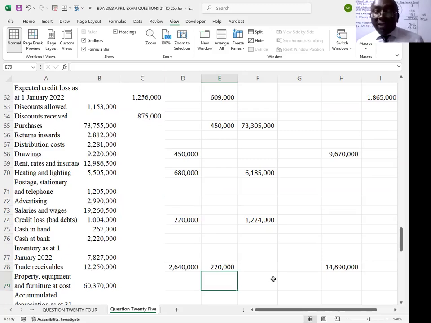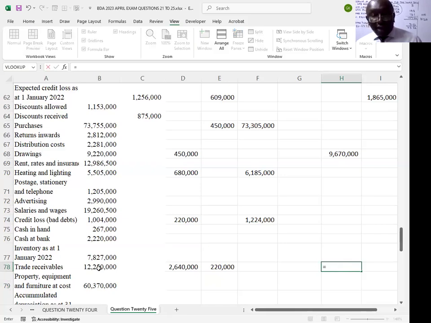Now, when we bring it here, we have to revise this one. This one was given as the original, plus this one that had been omitted, the sales, minus this one. So give me the new figure, the new receivables.